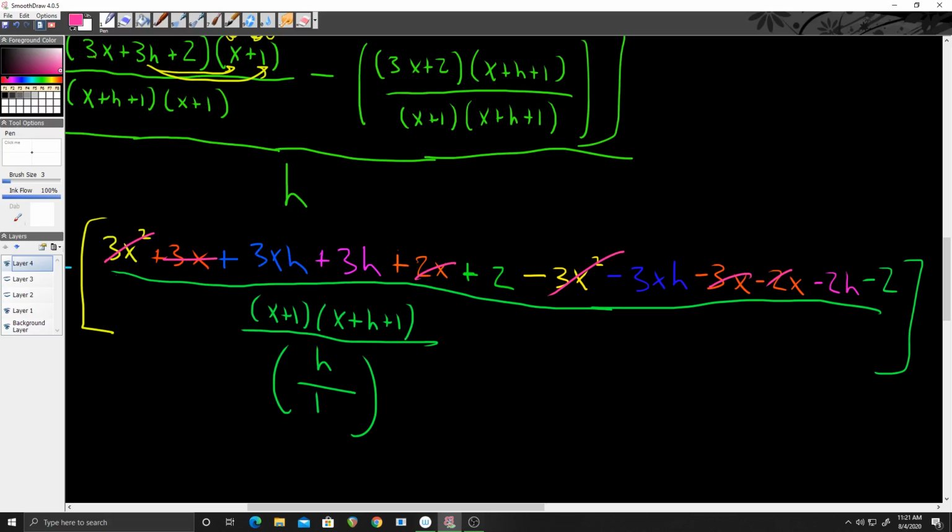Plus 3xh minus 3xh. Plus 3h minus 2h. Check it out. Doesn't cancel, but we got 3h minus 2h. So let's remember that that's going to be h when we combine these two.